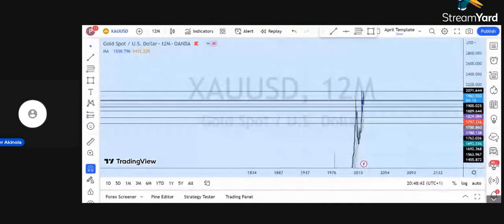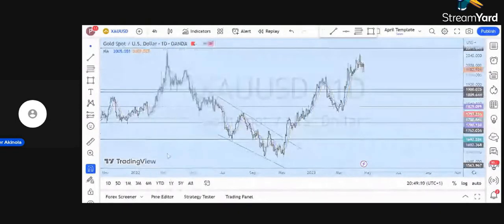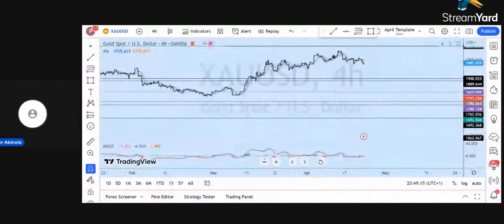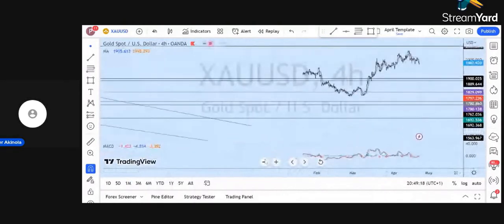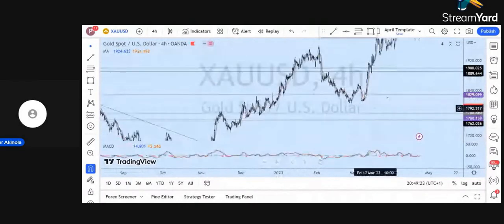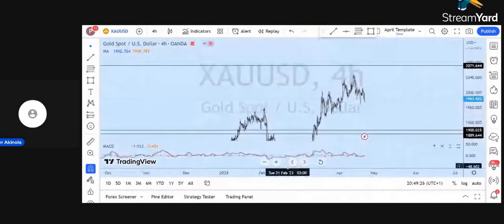Gold has not been this high in the last several years. I know gold is going to fall a bit, but there is strong fundamental behind gold rising.